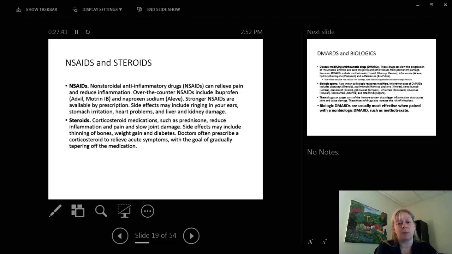Are they on a proton pump inhibitor such as omeprazole or Aciphex or Prilosec, any of those? They should be on one of those if they're on chronic NSAIDs. More or less, though, with rheumatology, the motto is treat to target.